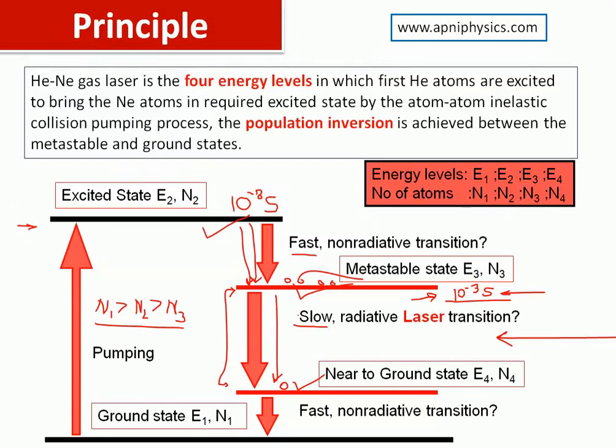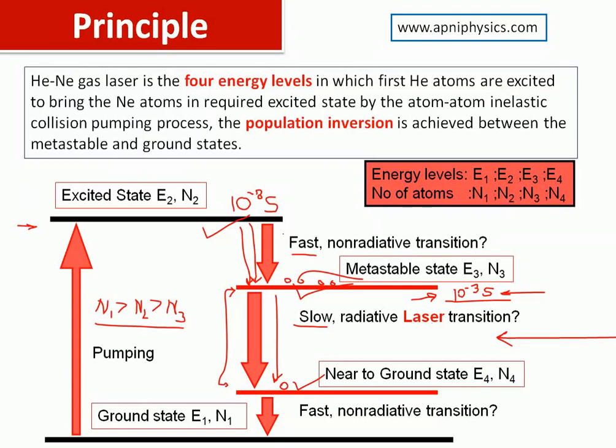This situation is known as population inversion, meaning a large number of atoms in the excited state compared to the ground state, meaning population has been inverted as compared to the general case. This situation is favorable for the stimulated emission process, and through that you get the laser light.